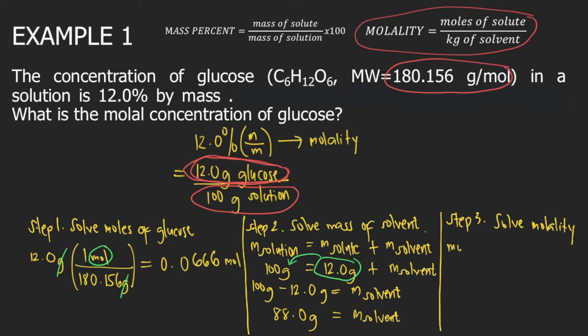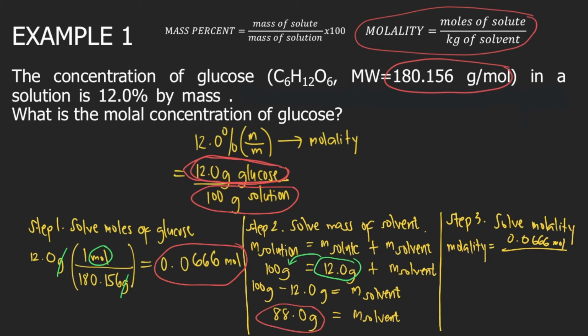So molality is equal to the moles of solute, which we got in step 1, 0.0666 moles, divided by kilogram of solvent. So in step 2, we got grams of solvent, which is 88 grams.